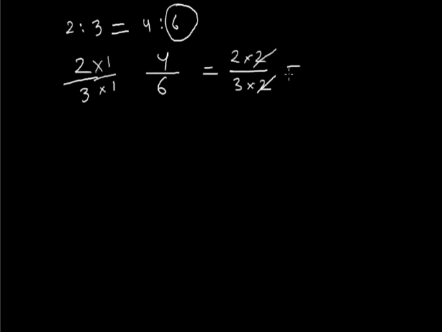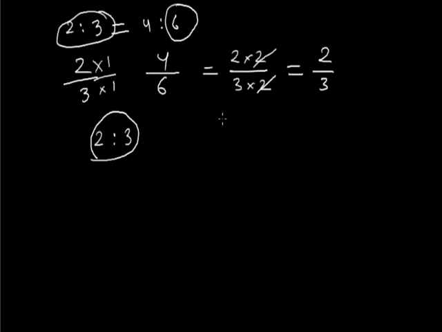Cancelling the common factor, I am left with 2 upon 3. So 4 is to 6 in the lowest form is 2 ratio 3, and these two ratios are equal.